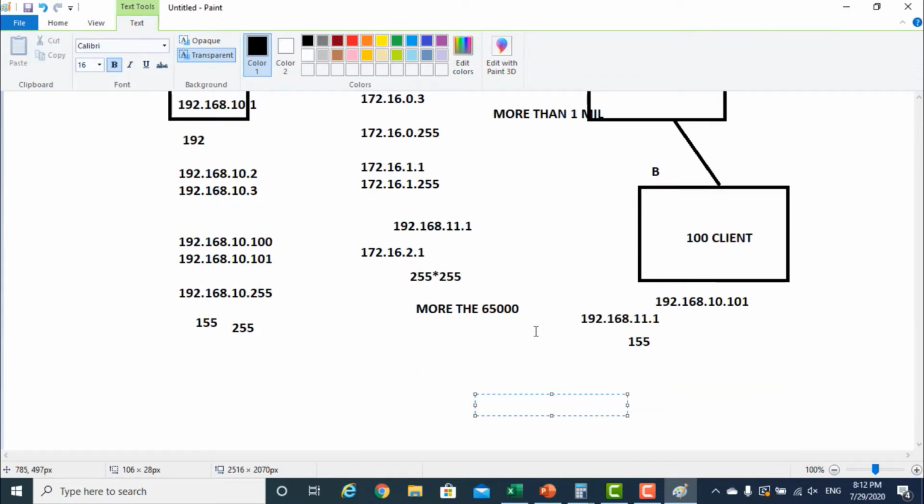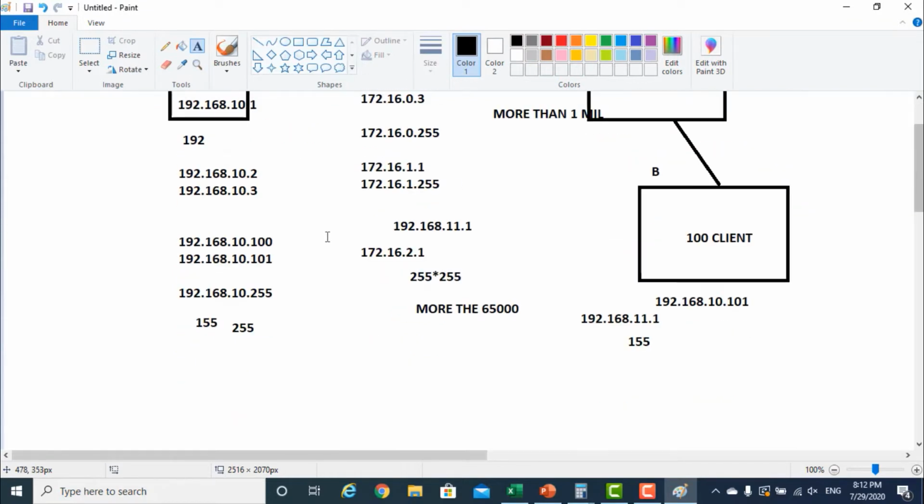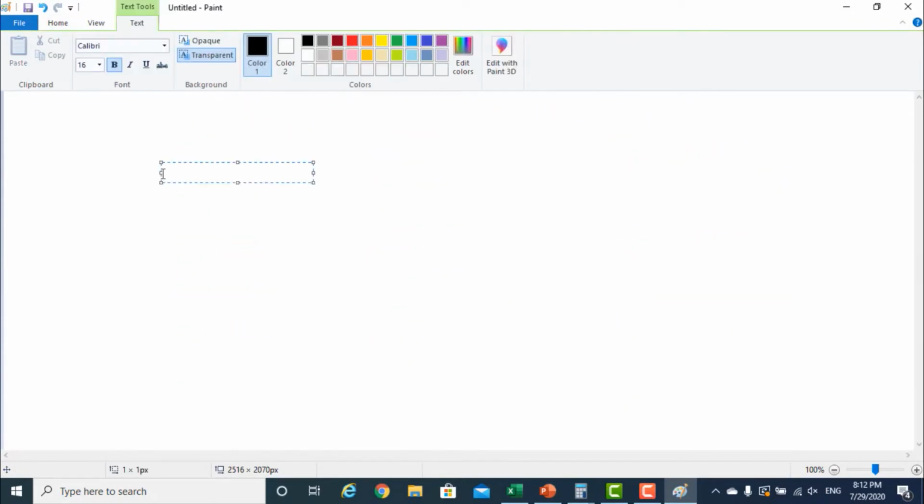The solution for this is subnetting. So what does subnetting mean? We are dividing a network into subnetworks. For example, 192.168.1.1, let's say.